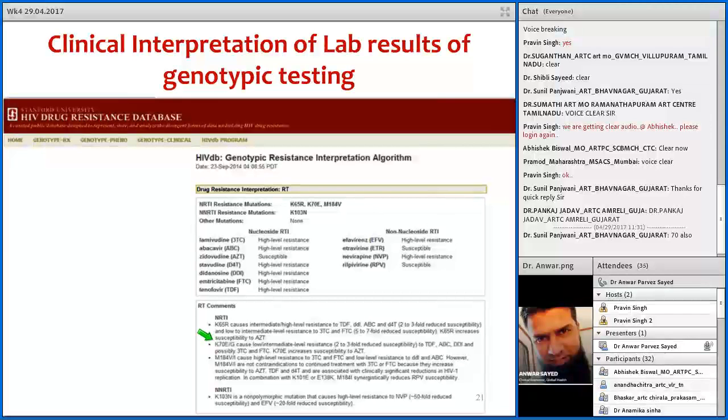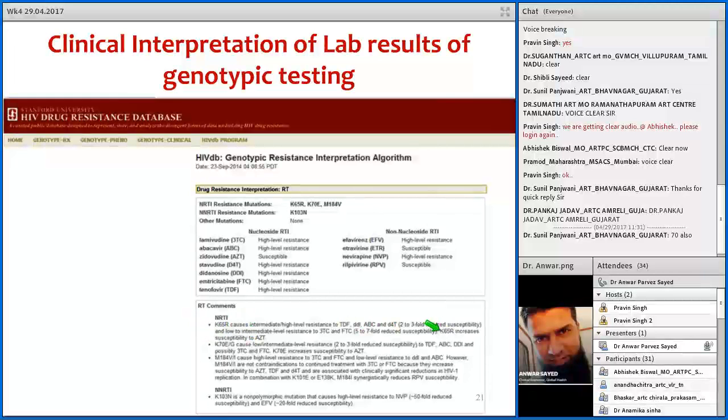If you are using Tenofovir in the first line, and because of resistance a person developed this mutation, K65R, now if you want to change that first line to second line, in the second line you use Zidovudine.